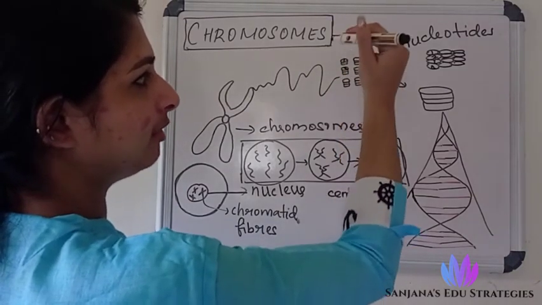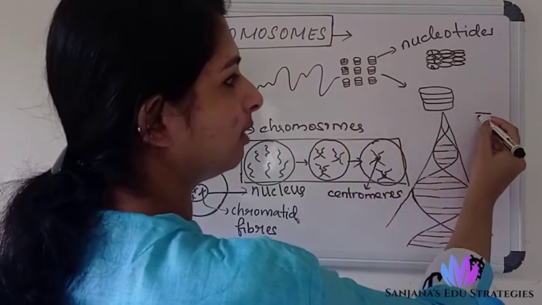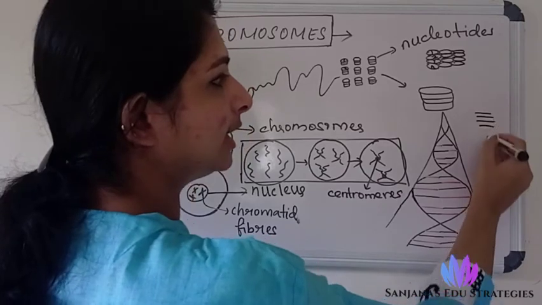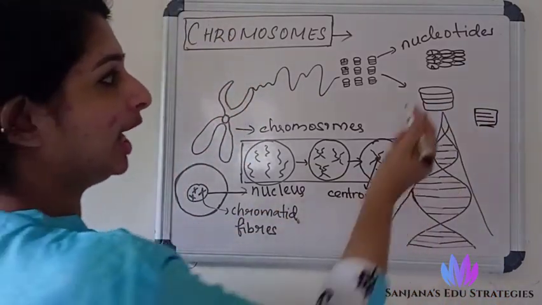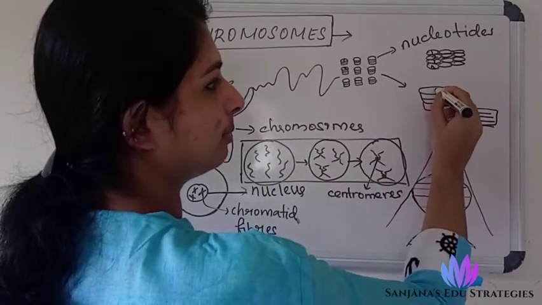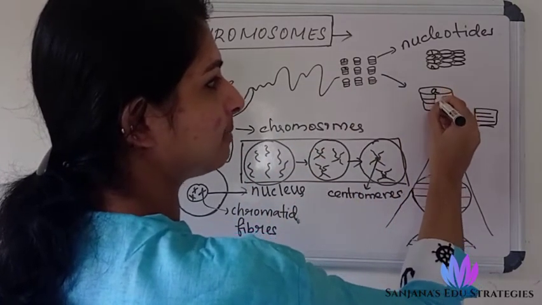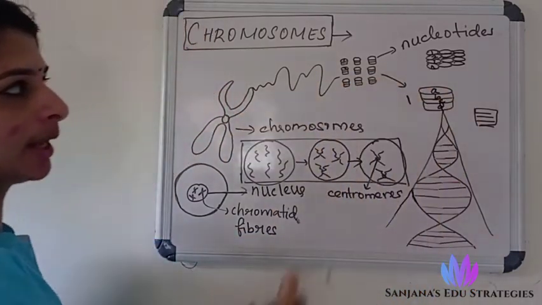The first one has many piles below it, like we arrange books one below the other. Like that, in the form of piles they are present, and they are known as histones. This is one pile, pile A, this is pile B, pile C, pile D, from the first nucleotide.